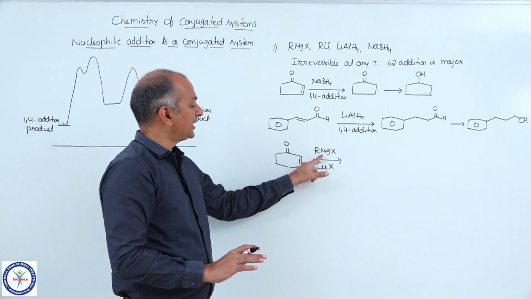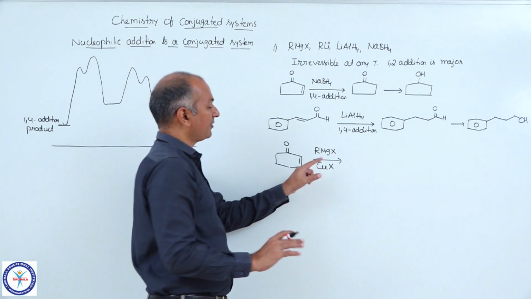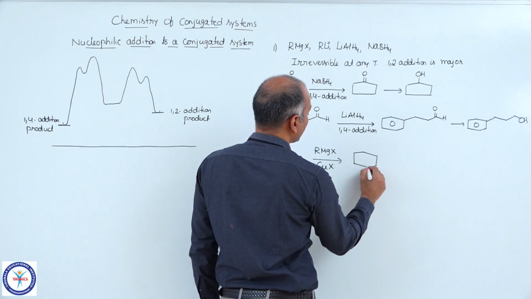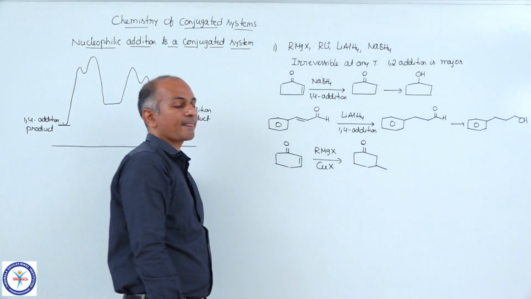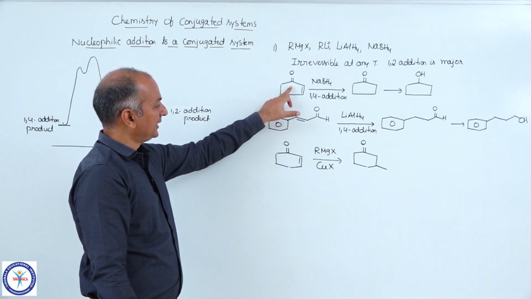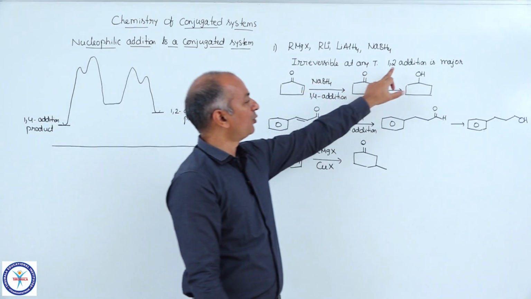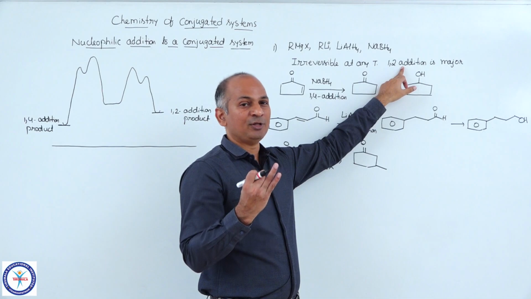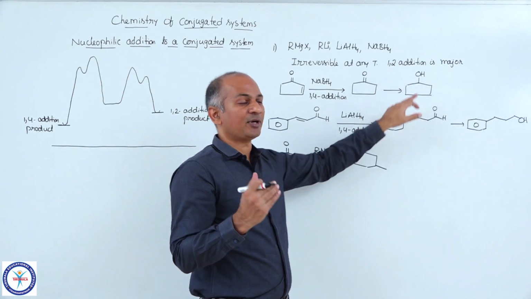But if you take RMgX in the presence of a small amount of cuprous halide, then the major product is 1,4 addition. So the compound is this one, of course after tautomerism. Okay, so these three exceptions you keep in mind, and in all other cases you can go for 1,2 addition: sodium borohydride, lithium aluminum hydride, Grignard reagent, organolithium compound.